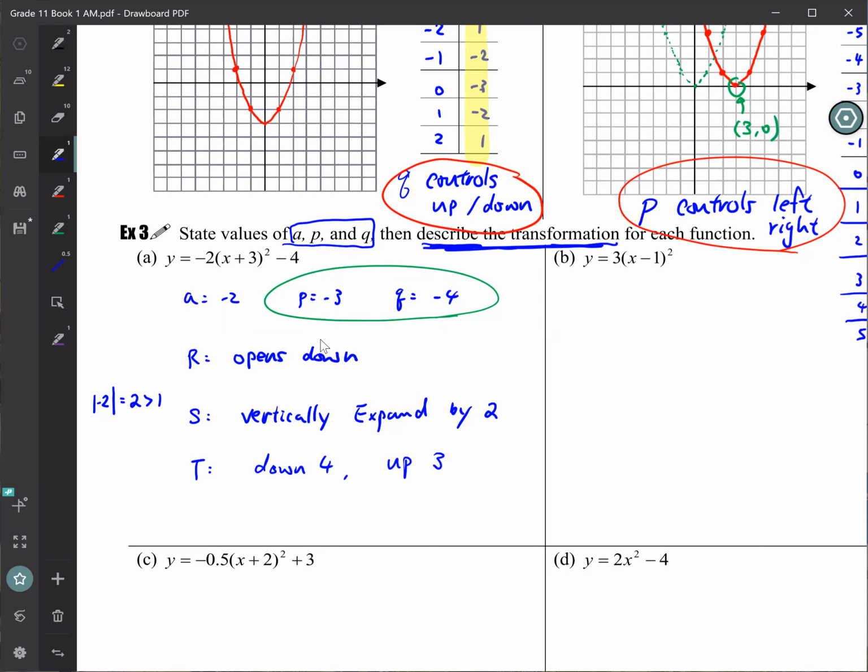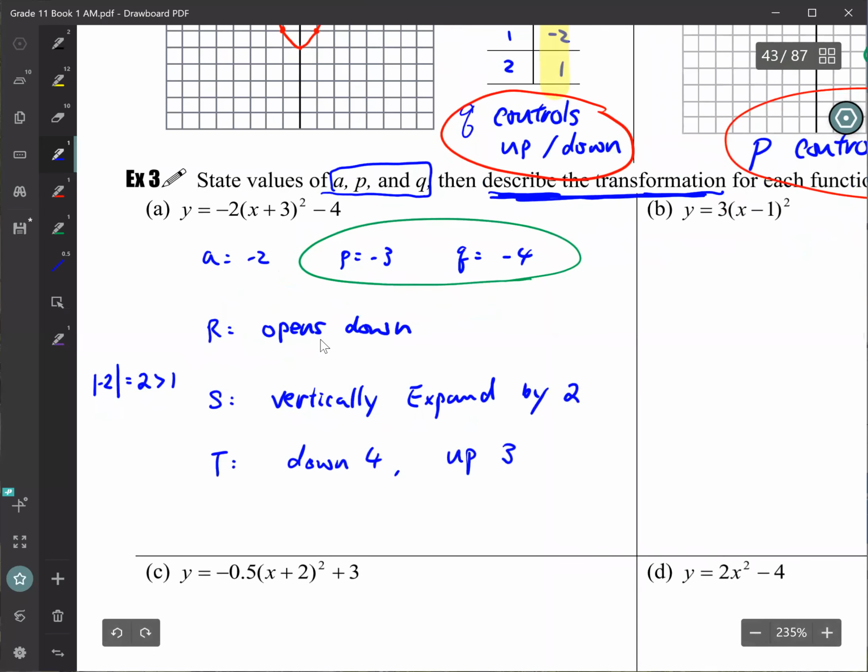And since it's positive 3, it goes up 3. What's the value for P? Oh, wait, no, it should be a negative, so it would go which way? Like to the left. Yeah. So left 3.